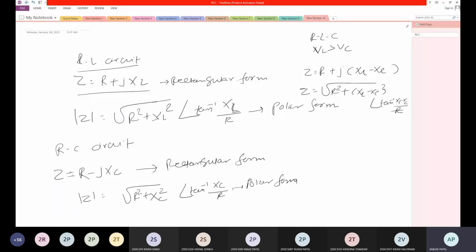For this RL, RC and RLC series circuit, you need to find the power factor of the circuit. You need to find tan phi. Then you need to find the current equation and impedance equation for analysis of all three circuits.